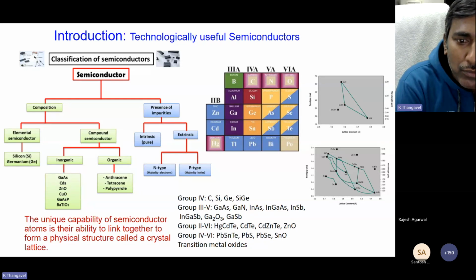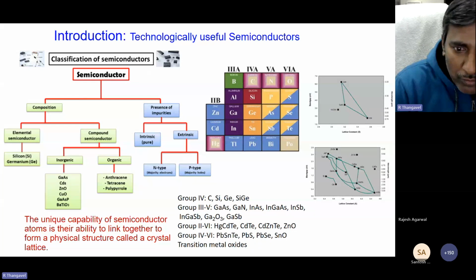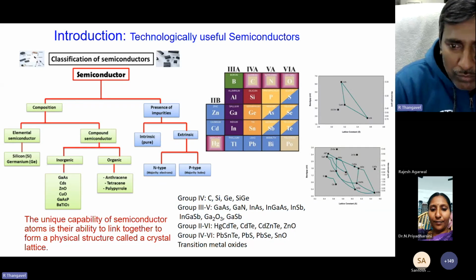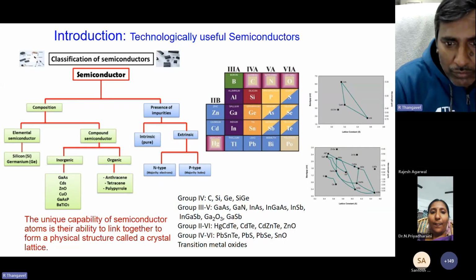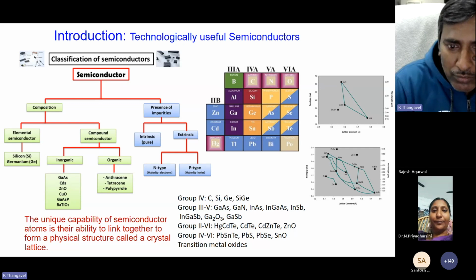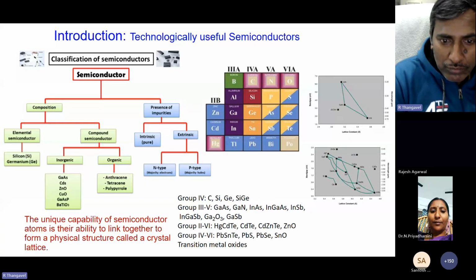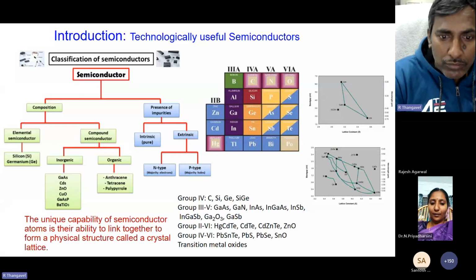I can include nitrides here because nitrogen is also in the fifth group, and it is now widely used as a nitride material. The 3-5 semiconductors can be used for high electron mobility transistors, microwave devices, lasers, green lasers and longer wavelength lasers, LEDs, solar cells, single photon sources, and photodetectors. These are the common applications using 3-5 semiconductors.